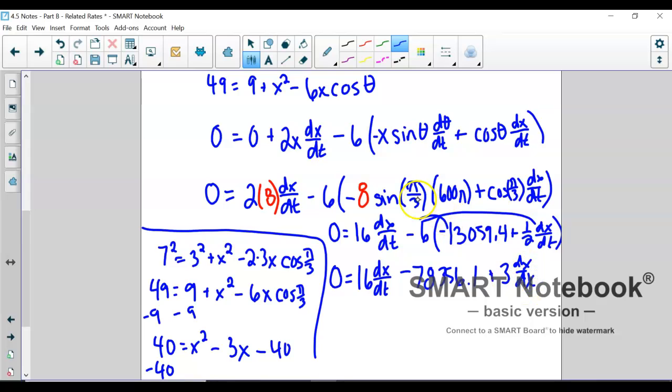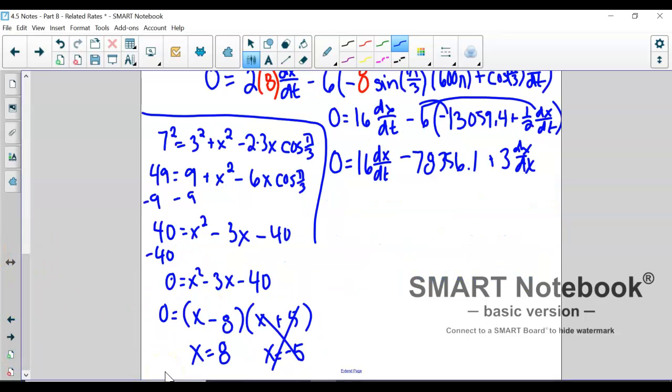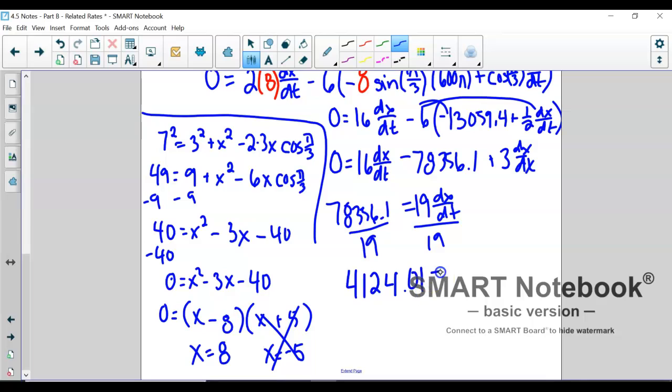So if we combine here, we can put these together. So we got 19 dx dt. I'm going to move this 78,356.1 to the other side. So we'll divide by 19. And we're going to get 4124.01 as our dx dt.